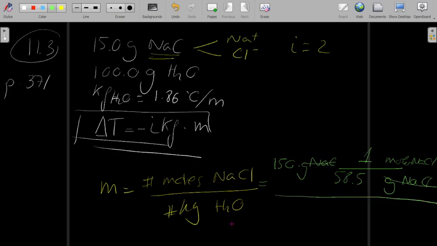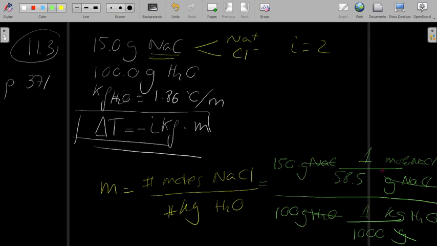Now, do I have kilograms of water? No, they give me grams, but I know how to change that. 100 grams of water, 1,000 grams are in 1 kilogram. I don't have grams anymore. I have kilograms of water.